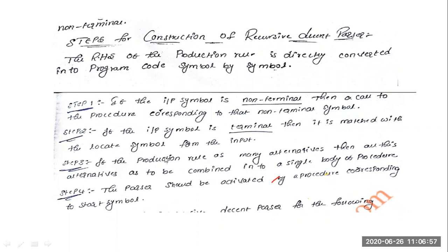Clear? If the production rule has many alternatives, then all alternatives must be specified in a single procedure. Sometimes for a non-terminal, more production rules will be there.